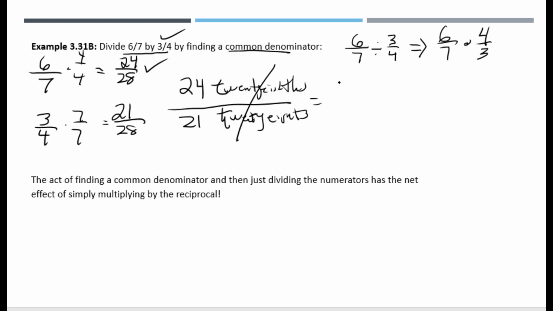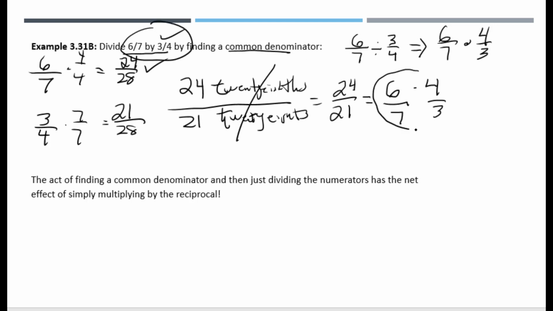So now I have 24 over 21. I'm going to break these into factors. 24 can be 6 times 4, and 21 can be 7 times 3. So 6/7 divided by 3/4 is the same as 6/7 times 4/3.